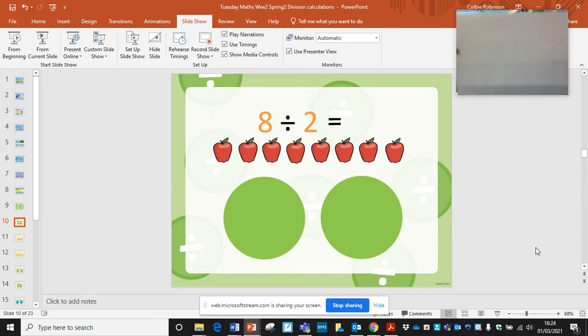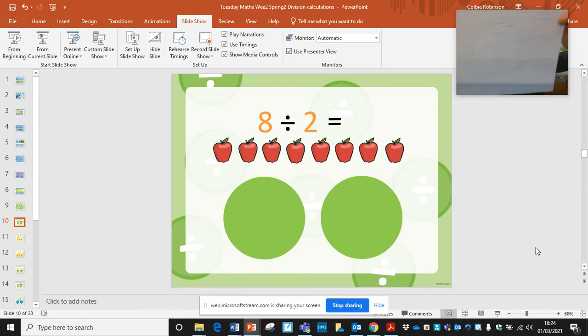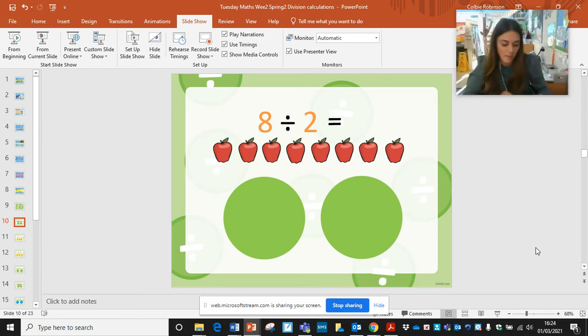So what I'm going to do is cross one out and then put the cross into a circle. Oh, other circle. There you go, like that. Okay, and then I need to make sure I share onto the next side. So I'm sharing into this one now. So I cross out the next one and then put a cross in.